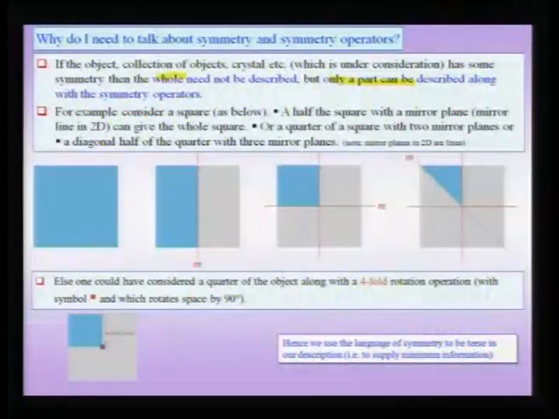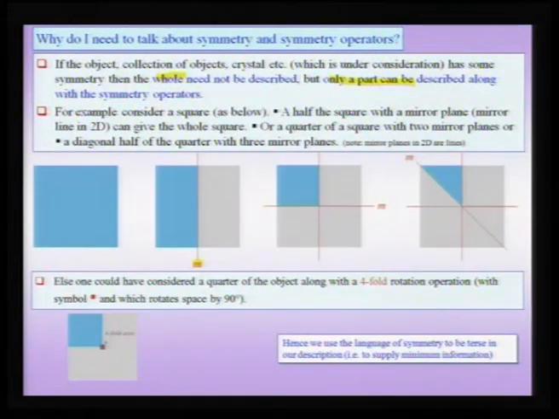For instance, I have a square here in my example, and this square has a mirror symmetry. We will formally deal with what a mirror symmetry is, but we know from our common sense experience what a mirror is. So, the mirror would reflect the left hand side of the blue rectangle into the right hand side, and therefore create the entire square.